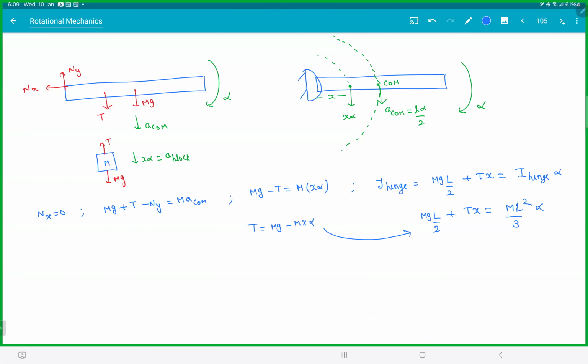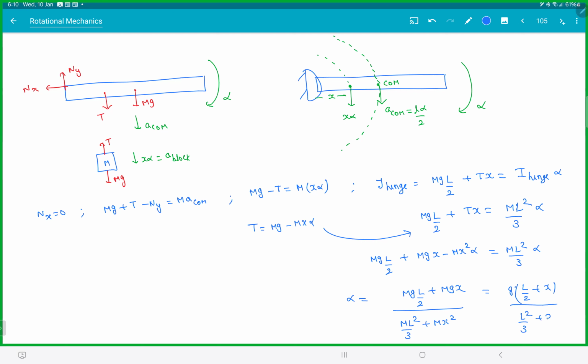Take this and dump it in this. mg L by 2 plus mg x minus m x squared alpha is equal to m L squared by 3 alpha. So we get alpha equal to (mg L by 2 plus mg x) over (m L squared by 3 plus m x squared), so g into (L by 2 plus x) over (L squared by 3 plus x squared). That's your alpha as a function of x. Please check.